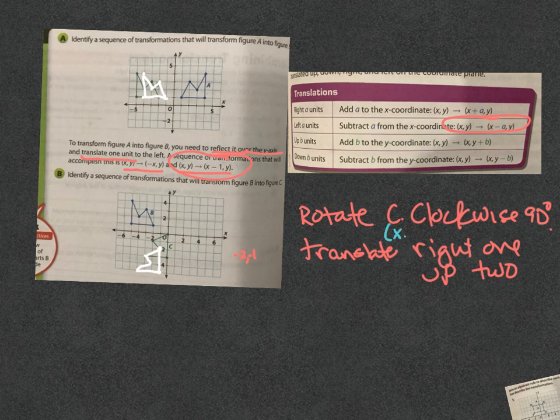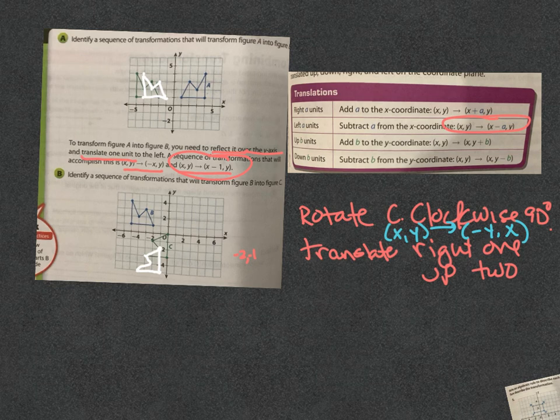That is (x, y) turns to (-y, x), because we multiplied the y by negative, so whatever the opposite of y is. And then this one has a translation. Here's the chart here with the translations. We went right 1, so right a units means you're adding whatever number you went right by to the x coordinate. Up 2 is here, you're adding whatever the value is to the y.